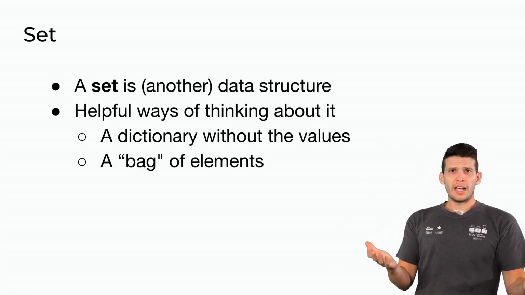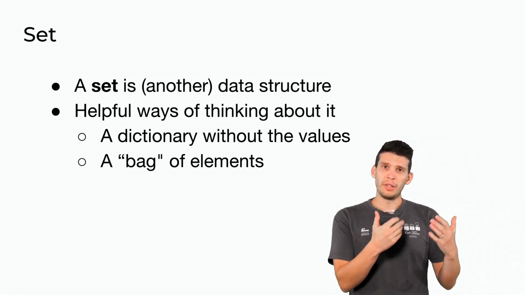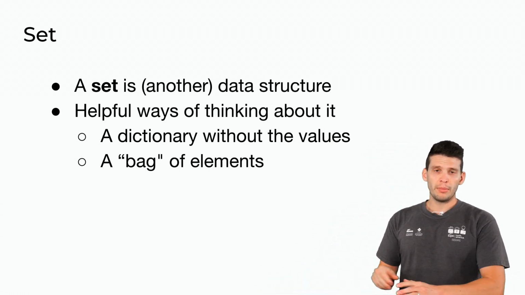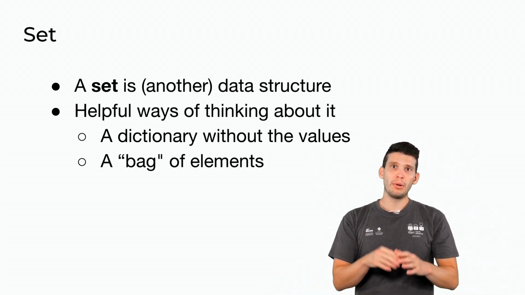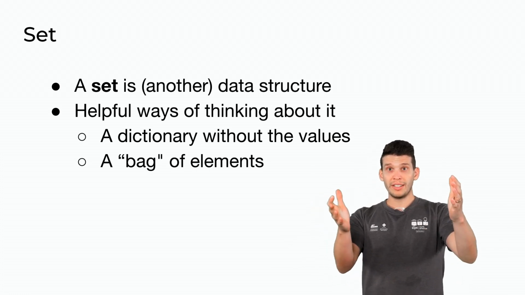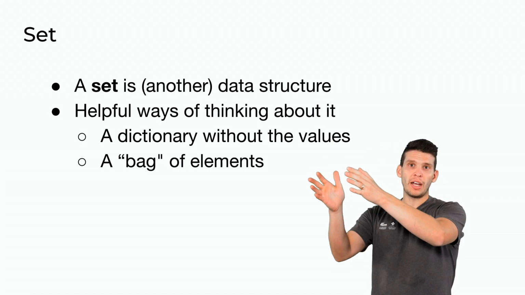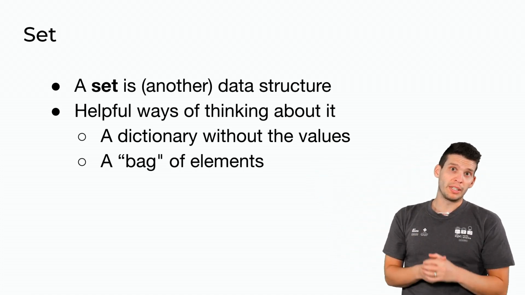So what exactly is this and how does it differ from a dictionary, or from a list? Well, one way that you can think about it is it's kind of like a dictionary but without the values. In a dictionary there was a key-value mapping where the keys mapped to values and you were not allowed to have duplicate keys.